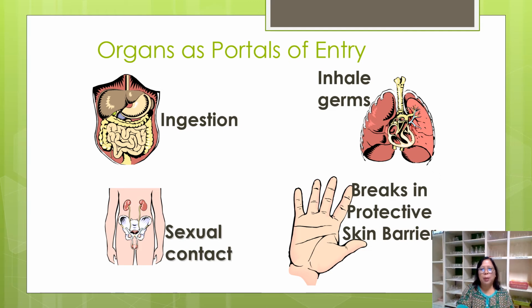Another is our skin, the biggest organ of the body, a point of interest for infection. And then the social contact: sexual organs are also portals of entry. That is for pleasure, but that pleasure could lead to infection.